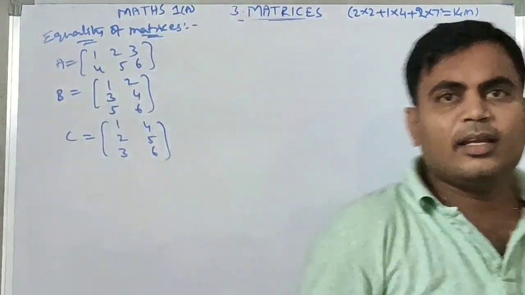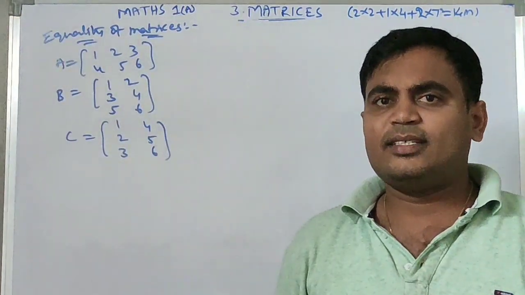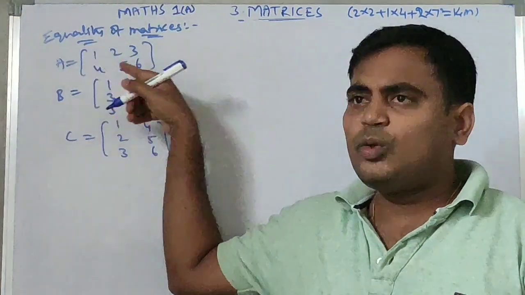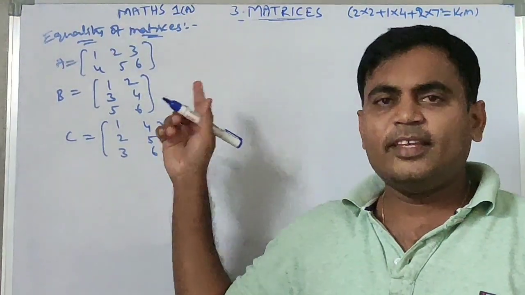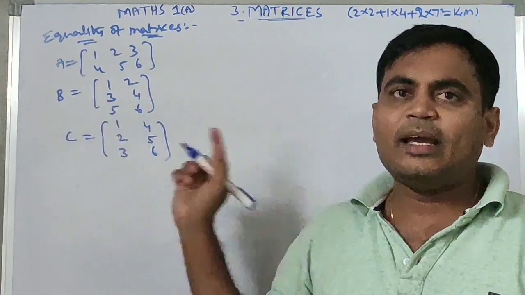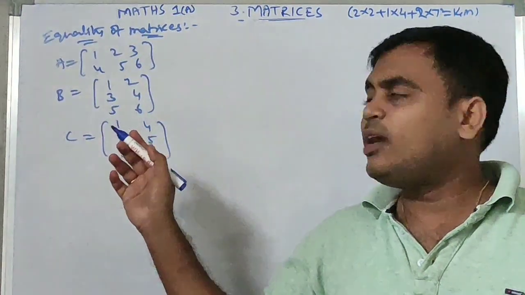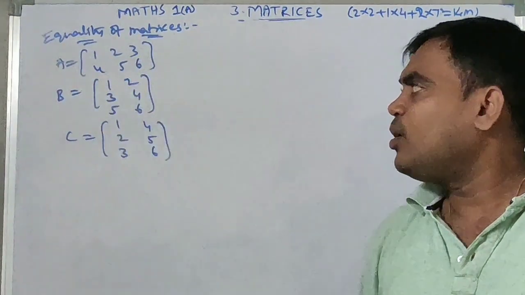If we compare all three matrices, the total number of elements is 6 and all the elements are 1 to 6. But these three matrices are not equal matrices. A is not equal to B, B is not equal to C, C is not equal to A.